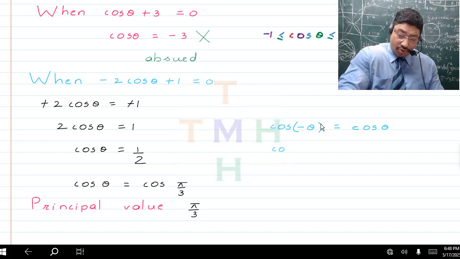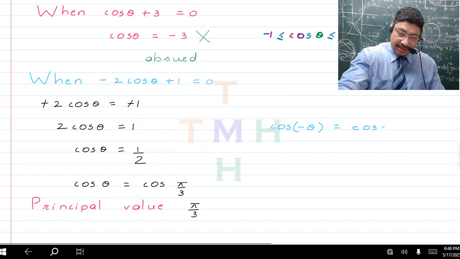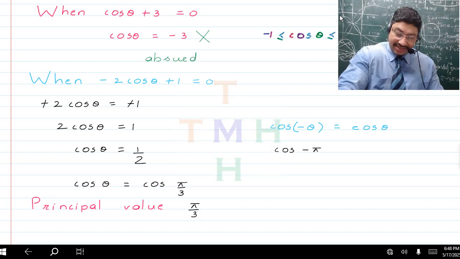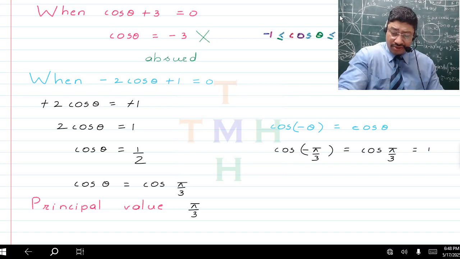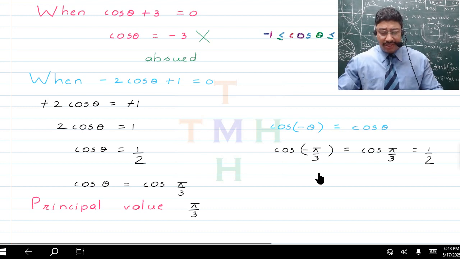So if you talk about cos of minus pi by 3, what you will get is that cos of minus pi by 3 will become equal to cos of pi by 3. And what is the value of cos of pi by 3 that we just looked up? 1 upon 2.